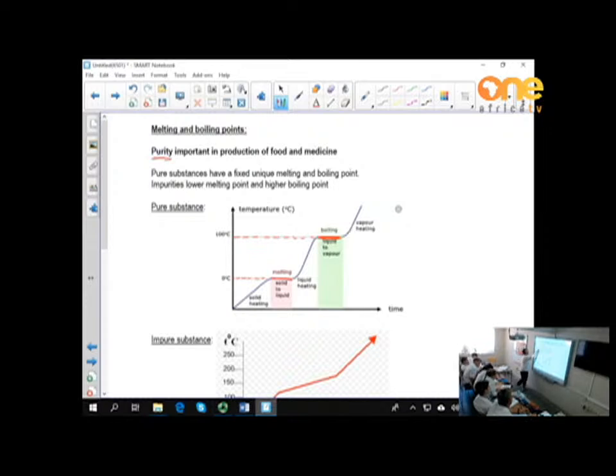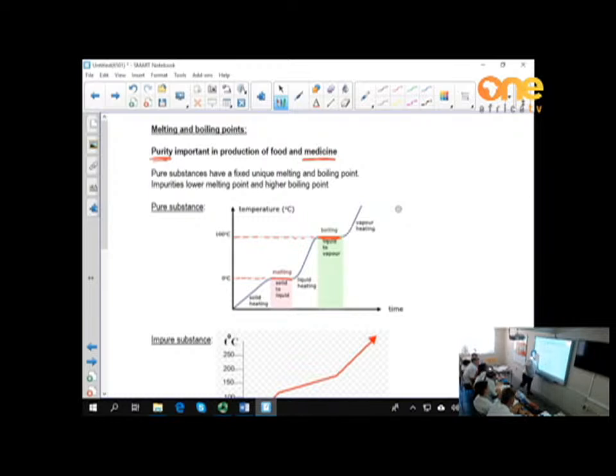Why is purity important? If I want to bake a cake, the recipe says 2 cups of flour and 1 cup of sugar, but if I mixed some salt in my sugar, and I took a cup of the sugar-salt mixture, will my cake taste the right way? No. Now, it won't be very poisonous, but let's say I am making medicine.